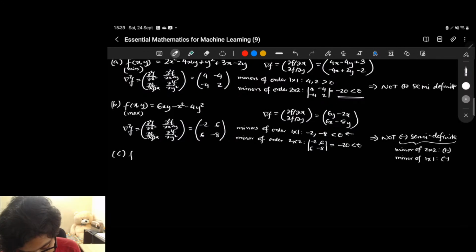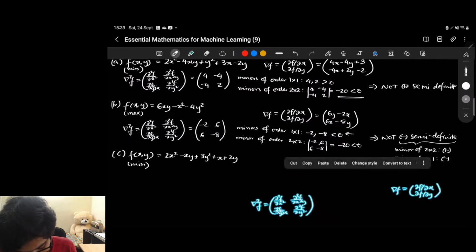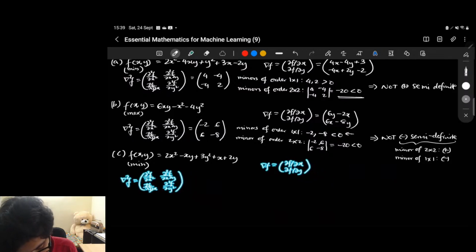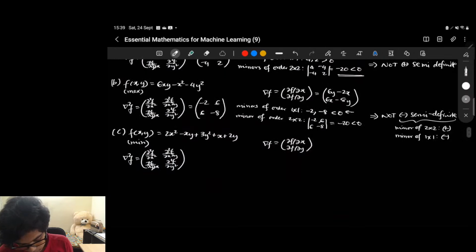Now let's look at option C. This is the function. This is a minimization problem now. So let us find out this gradient of f, and then del squared f.